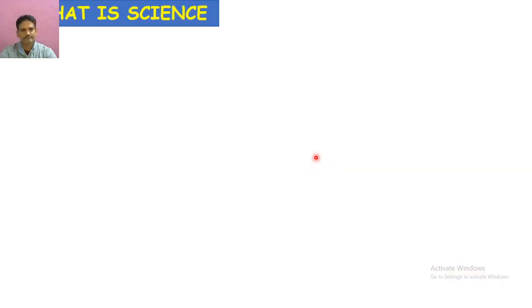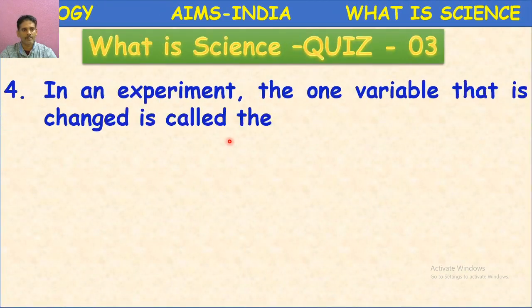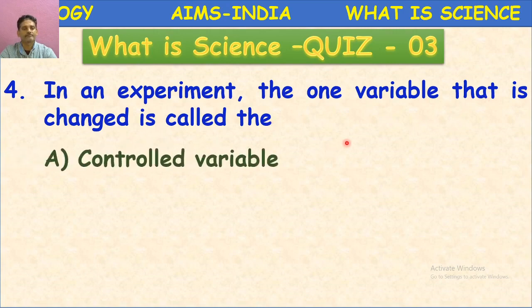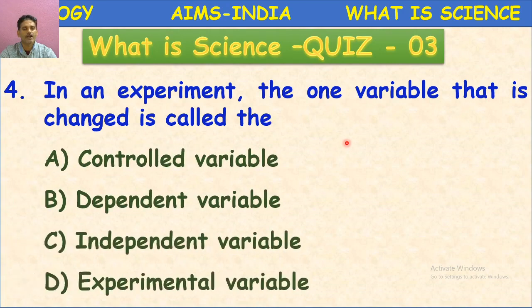Next. In an experiment, the one variable that is changed is called: controlled variable, dependent variable, independent variable, experimental variable.